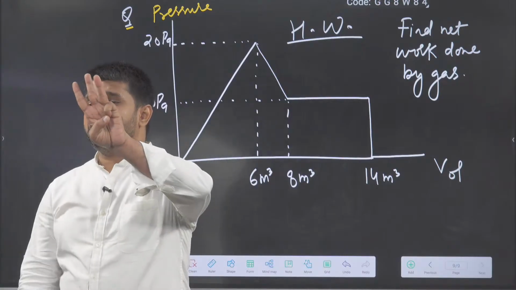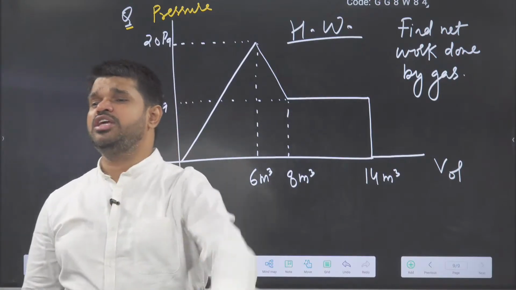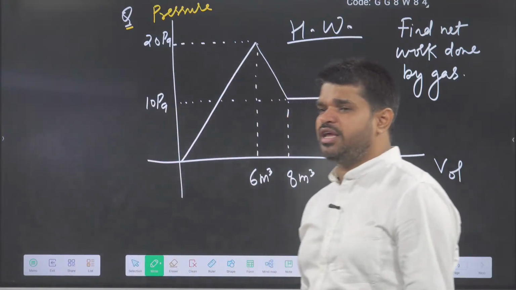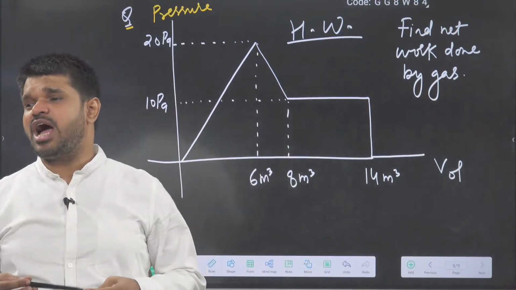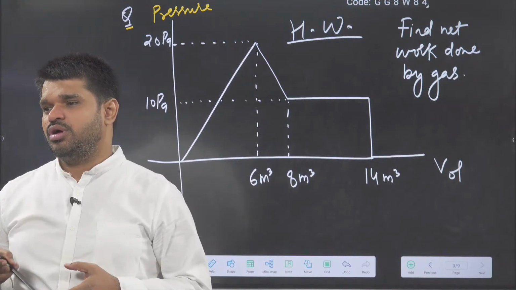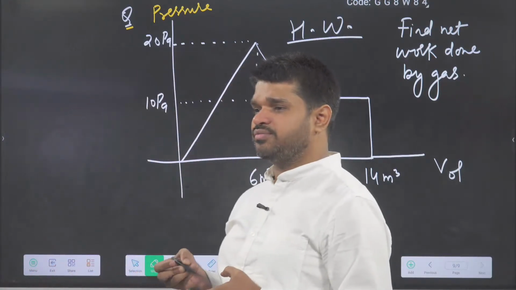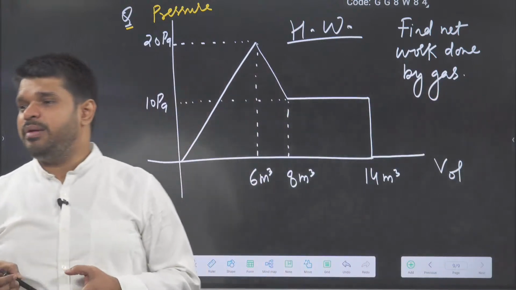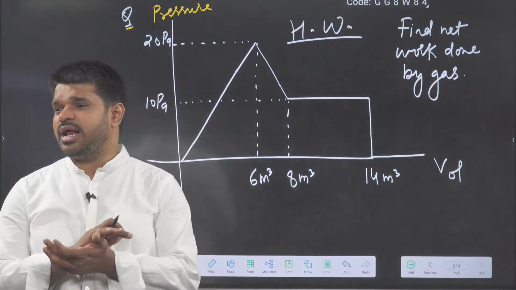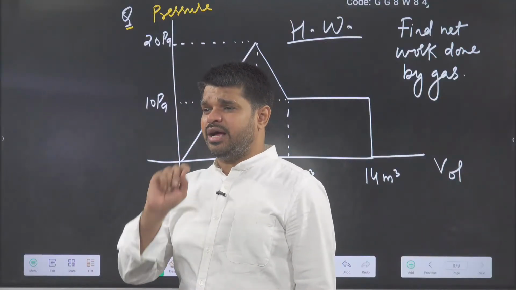What are the 3 basic shapes visible here? Everyone answer. Just tell me the names of the 3 basic shapes. People are not answering my question. Okay, triangle, trapezium, rectangle.